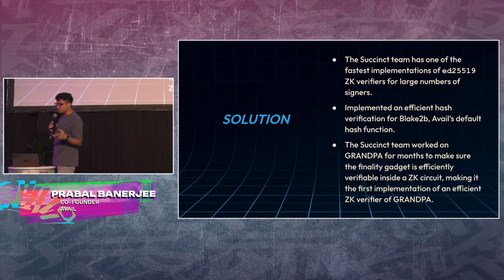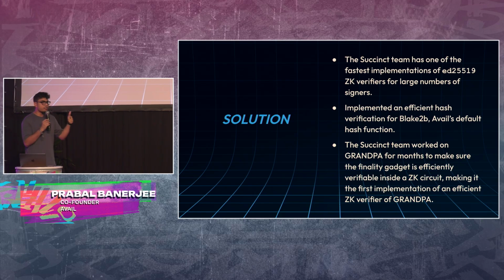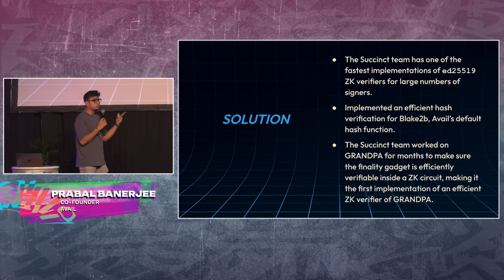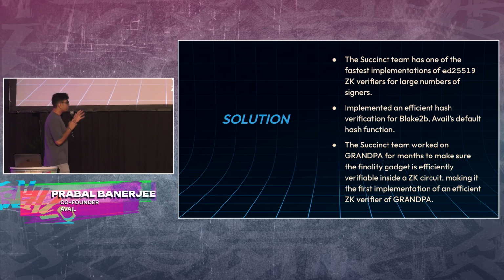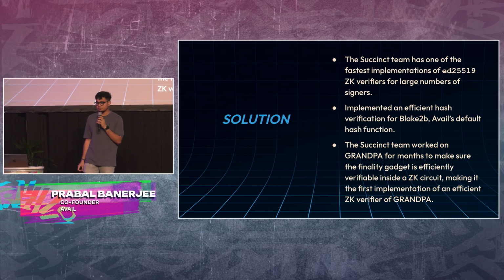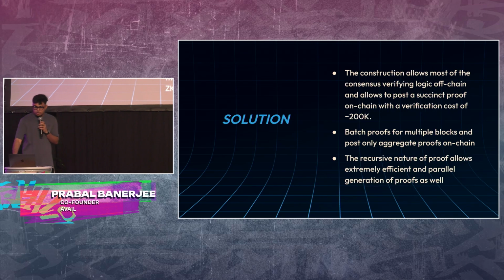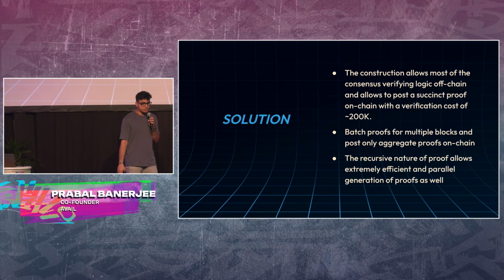Together, the Ed25519 verifier and the efficient Blake2B hash function construction made it possible for us to create a ZK circuit which efficiently verifies Grandpa consensus. We actually took it a notch up. We looked at what the best verifier optimizations were that we could do.